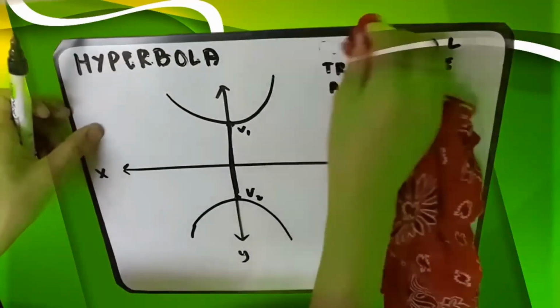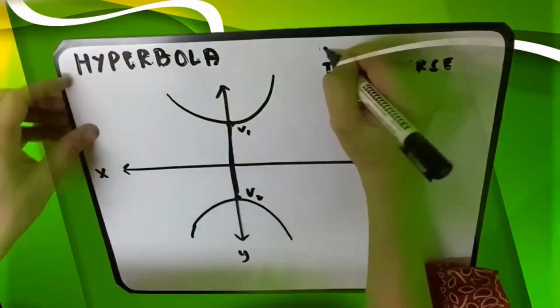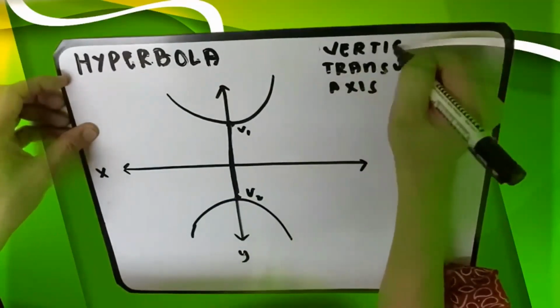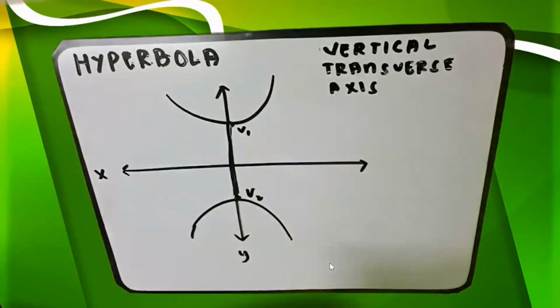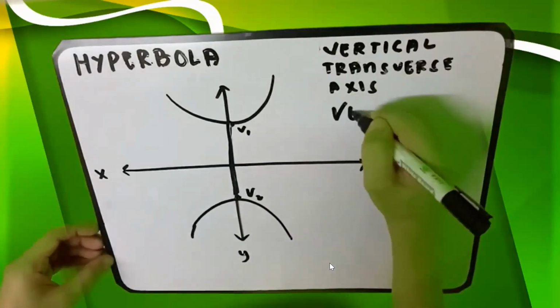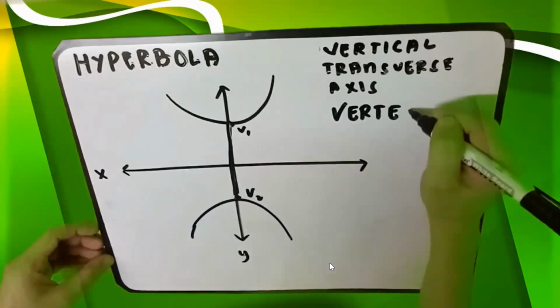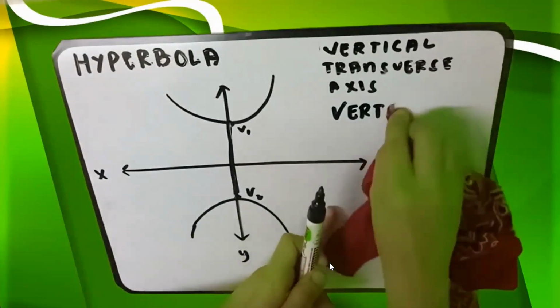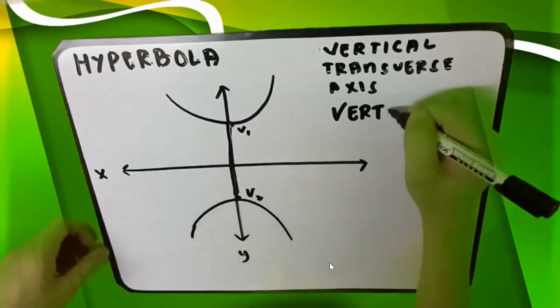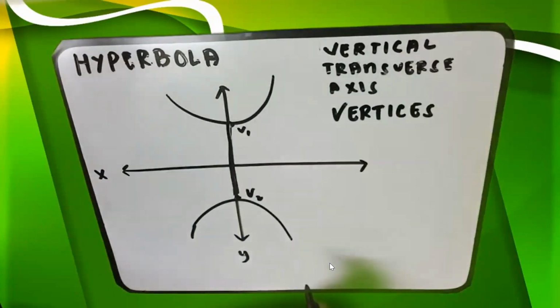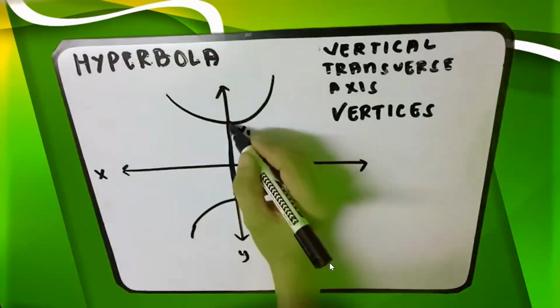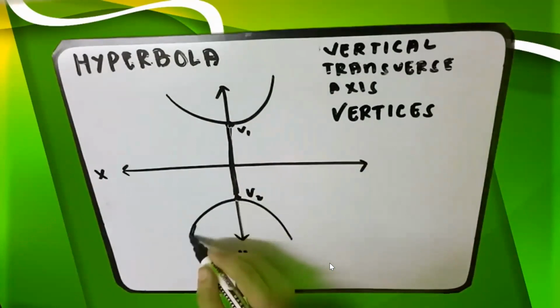Vertical pala. Bakit horizontal? So that's vertical transverse axis. So yung vertex or vertices, makikita siya commonly dito sa center ng graph ng hyperbola.